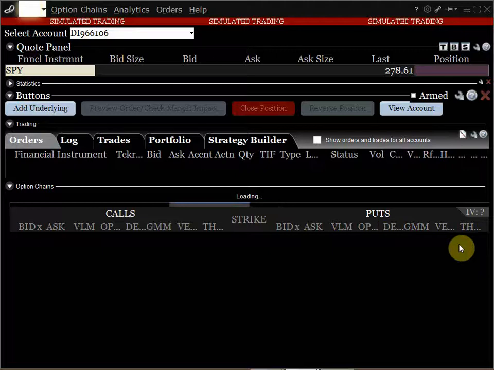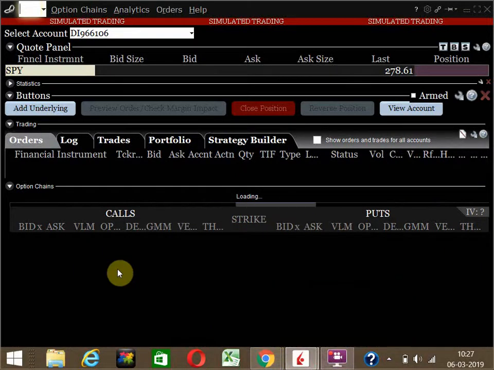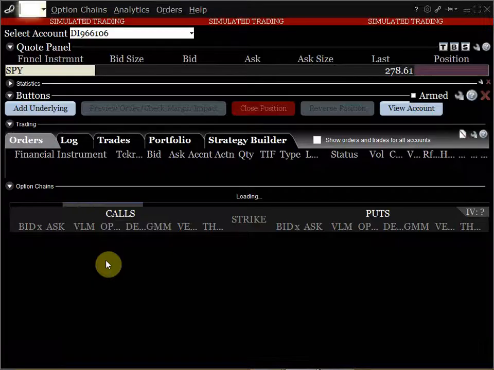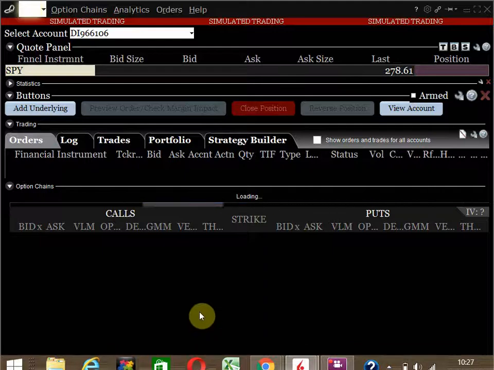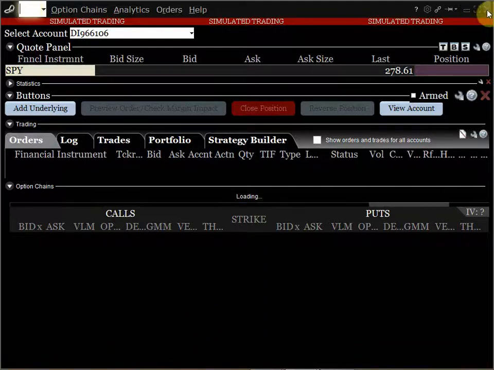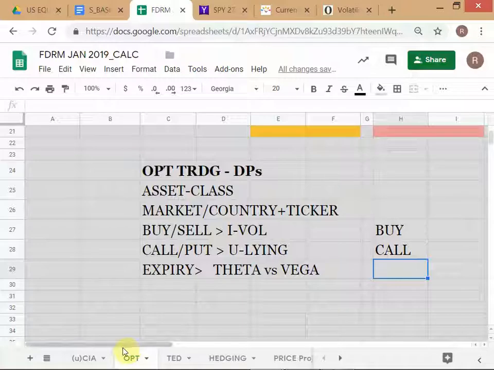What happened? Why is this taking so long to load? Maybe there's a net connection problem or something. Okay, let's try something else.